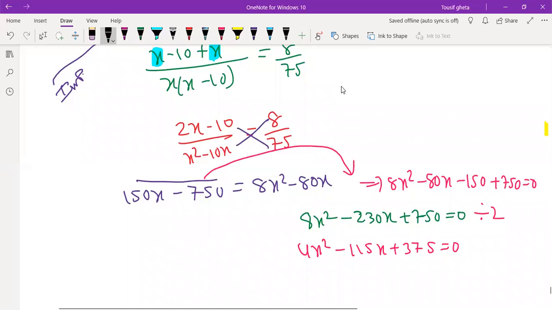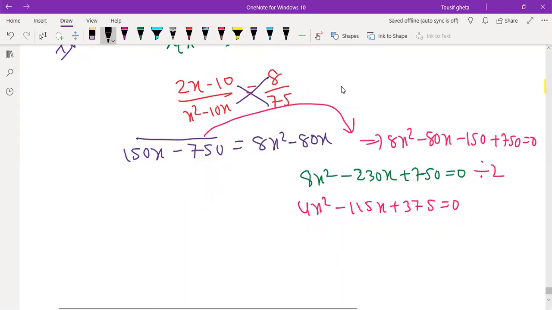Yuvraj, I did not understand what you said. Right answer. Now you can factorize it, or you can go for the formula method. Yes, we can do the factor method also.